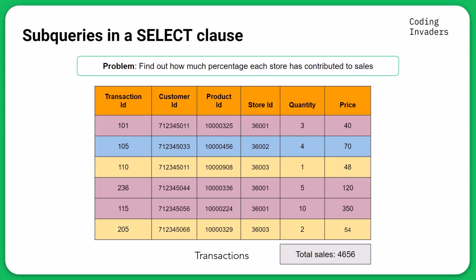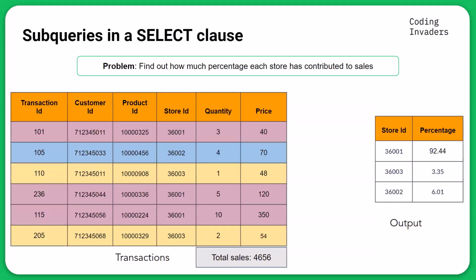That is 3 into 40. The 3 is the number of units into 40, that is price of each unit. Similarly, we do for all the rows. And finally, when we add that, we get total sales is 4656. Now we need to find out the percentage of each store.